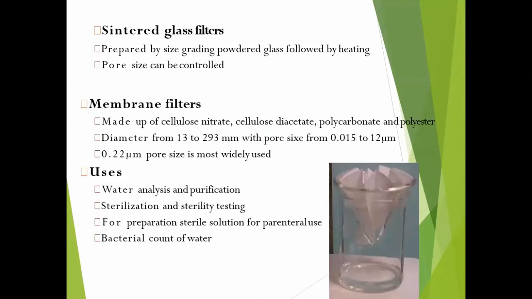Next one is sintered glass filters. They are prepared by size-grading powdered glass followed by heating. Pore size can be controlled. Membrane filters are made up of cellulose nitrate, cellulose diacetate, polycarbonate, and polyester, with diameter from 13 to 293 millimeter and pore size from 0.015 to 12 micrometer.